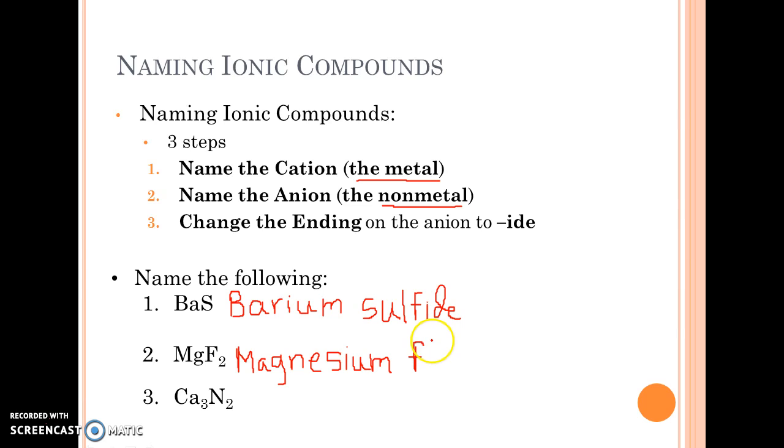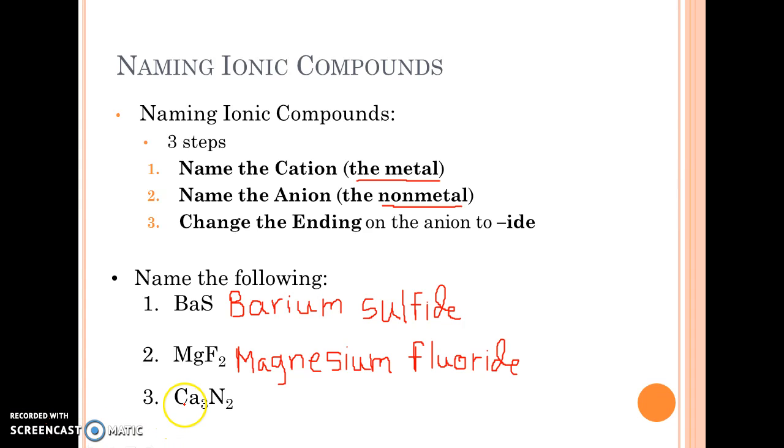So don't be lazy. Just literally copy them from the periodic table. Now with your non-metals, it might be a little bit more tricky, but they're still not bad. You're just taking the ending and changing it to -ide.